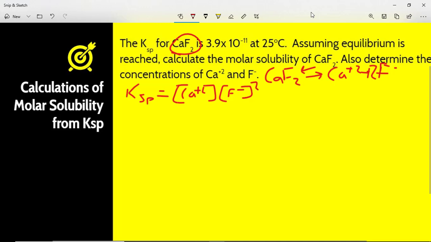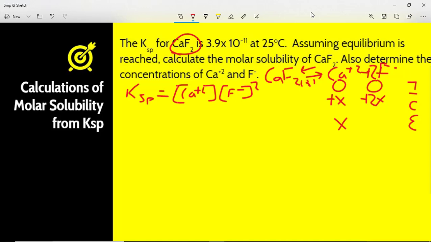Okay, if we think about this in terms of an ice table, pretty straightforward. So let's go ahead and make our ice table. We'll do that over here since we already wrote our equilibrium expression. We're not too worried about the salt because that is a solid, so we don't include that here, but whatever dissolves, we're going to gain X here. Our initial concentrations start off as 0. Remember that we're going to gain 2X for the fluoride, so that is pretty important.